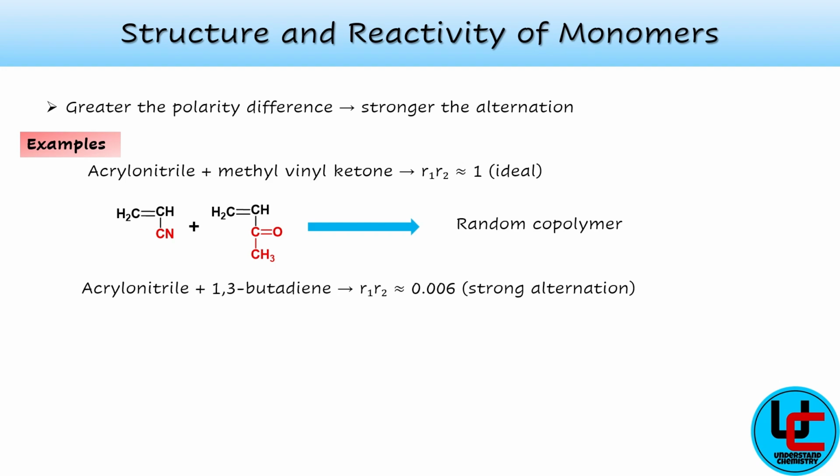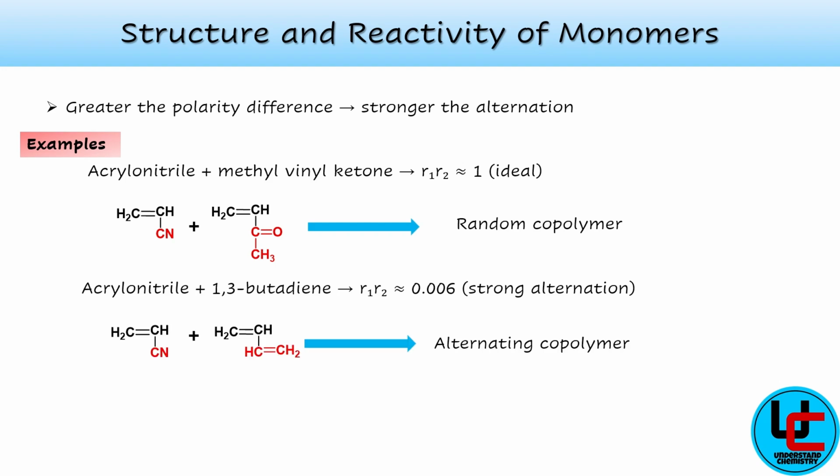First, acrylonitrile and methyl vinyl ketone. Both monomers have electron withdrawing substituents. Acrylonitrile has a cyano group and methyl vinyl ketone has a carbonyl group. Because their polarity is similar, the product of their reactivity ratios, r1 times r2, is close to 1. This leads to random copolymerization.